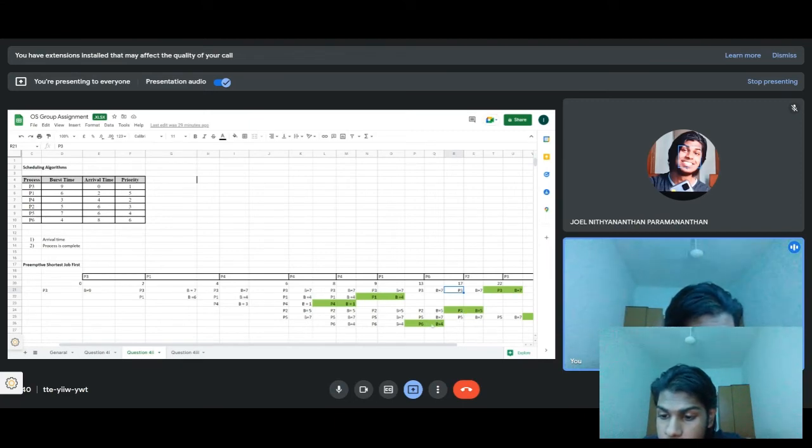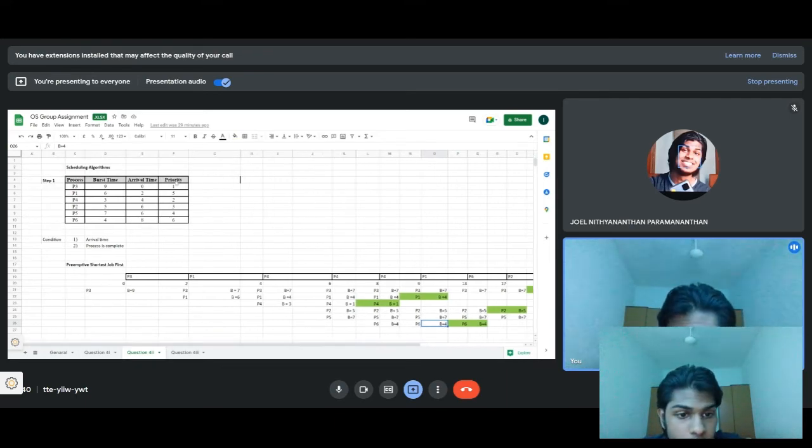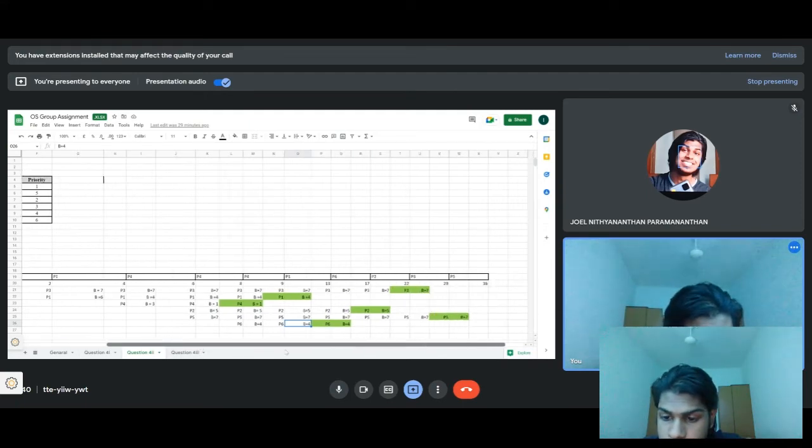Thus, we are terminating process 6, and the lowest process for this stage is process 2, which has burst time 5. Before this, since we get two processes with the same burst time here, we'll be taking the one which has the lowest priority, and we'll be doing the same here.